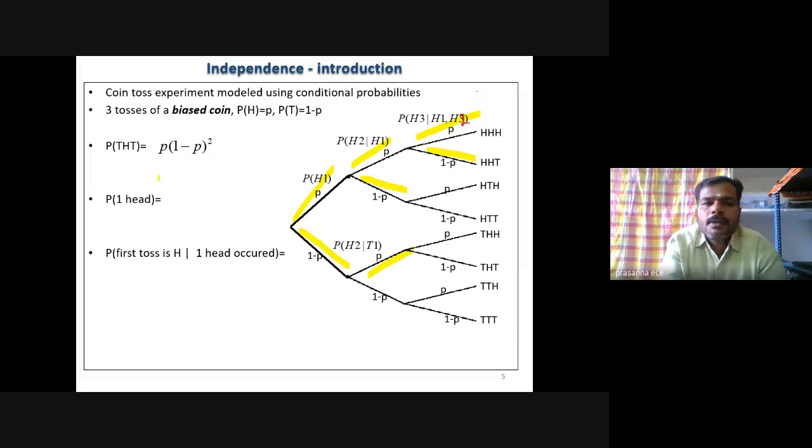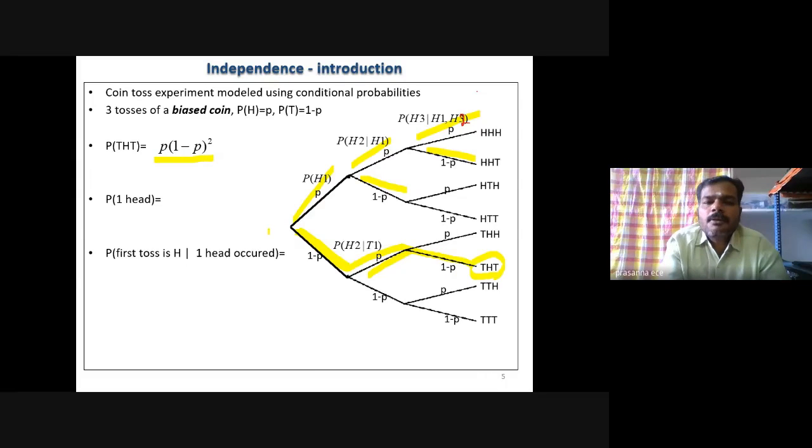This THT event occurs along this path, then this path, and then this path, so we have to multiply, as we saw in the multiplication rule. It is 1 minus P times P times 1 minus P, which is nothing but P into (1 minus P) squared.